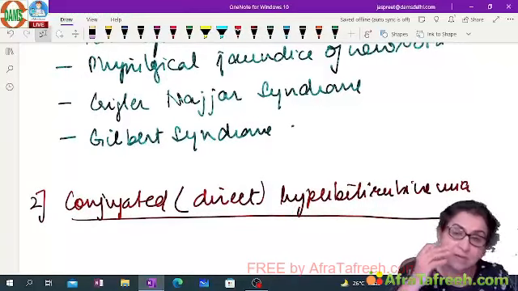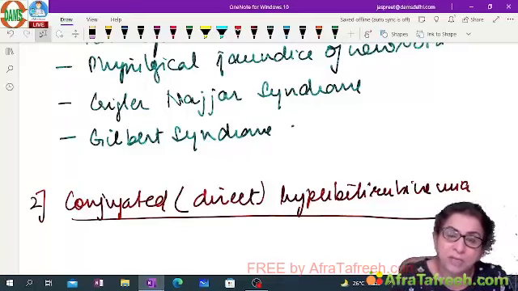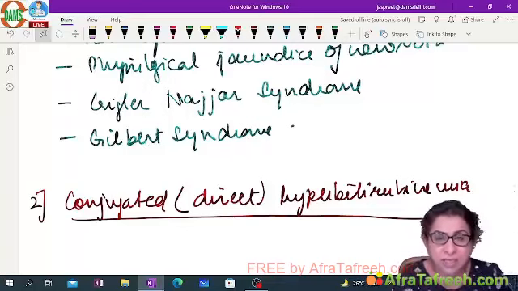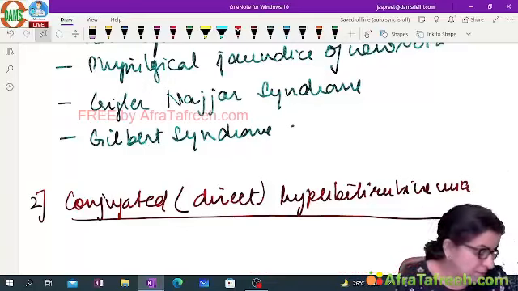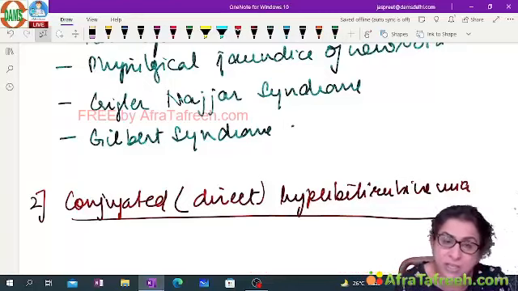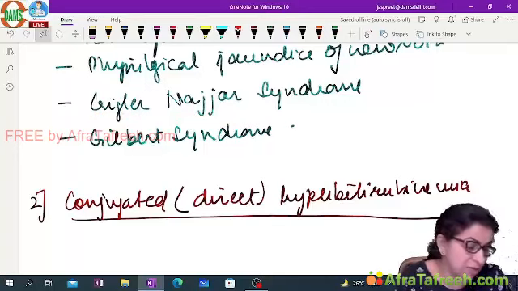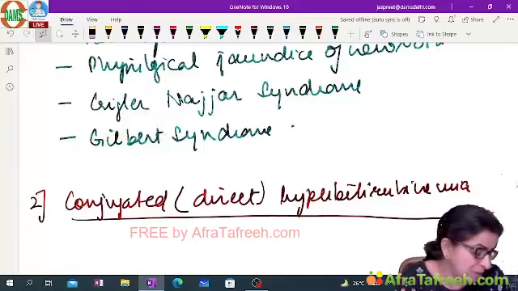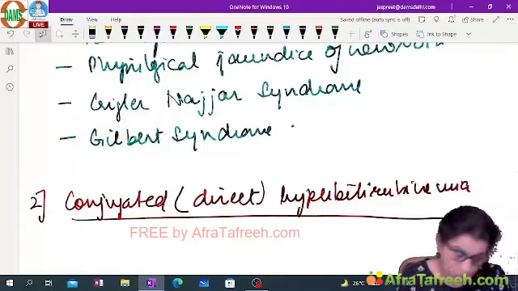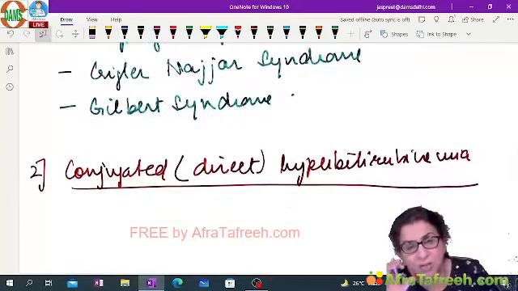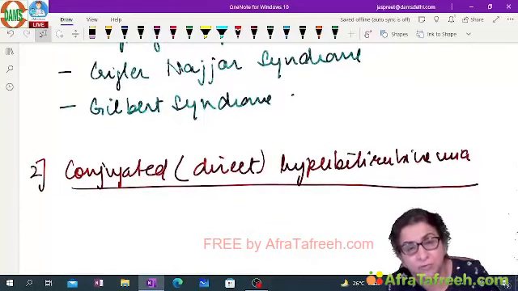But conjugated bilirubin cannot come out. It does not reach the intestines because there is bile duct obstruction, biliary tract disease, or other defects, inherited hereditary hyperbilirubinemias like Dubin-Johnson and Rotor.